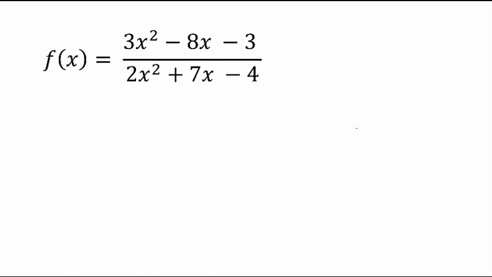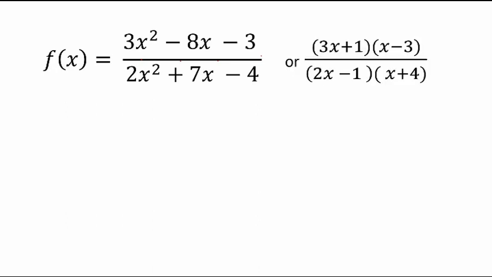So, for example, let's start with this one. We have f of x is equal to 3x squared minus 8x minus 3 all over 2x squared plus 7x minus 4. So, remember, di ba? If we have the exponent na squared, the best is to find the factor muna if meron.